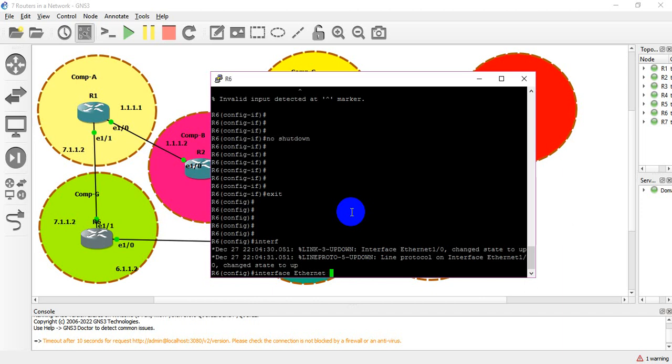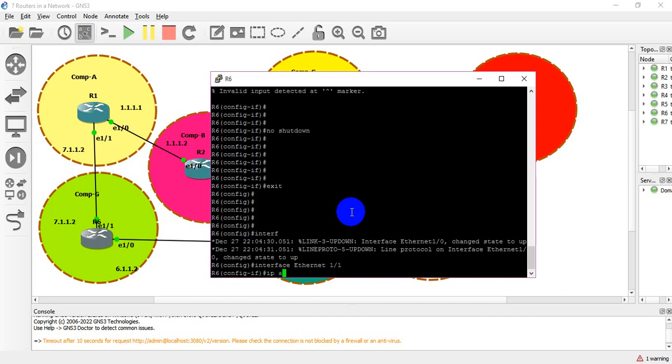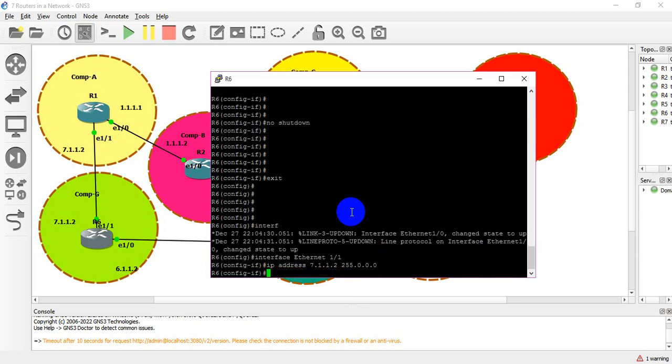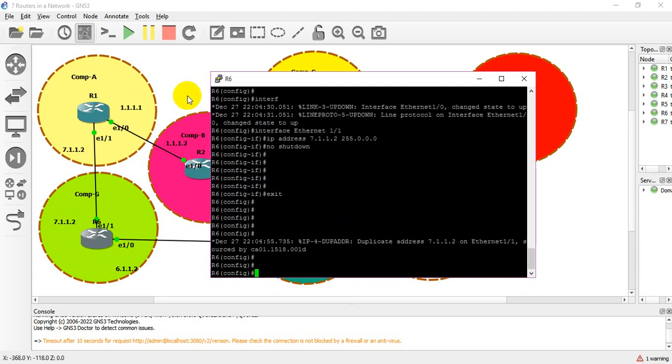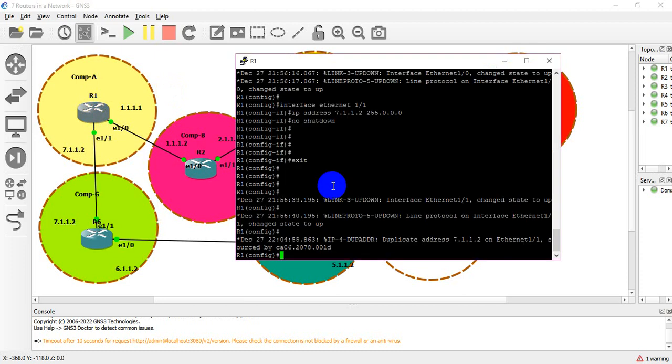Interface Ethernet 1/1, IP address 7.1.1.2, with the subnet mask of class A for the 7.1.1.2 IP address, and these are configured.